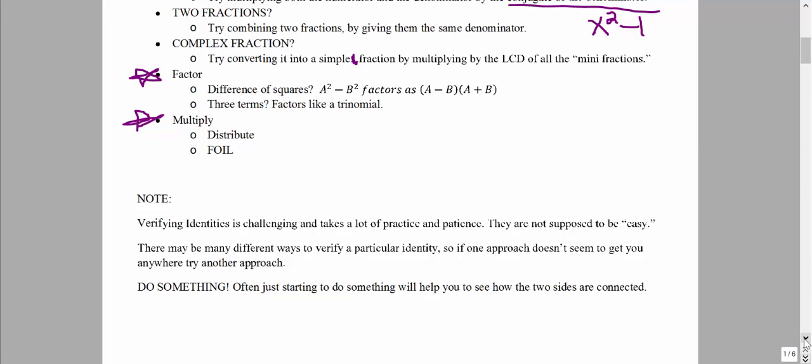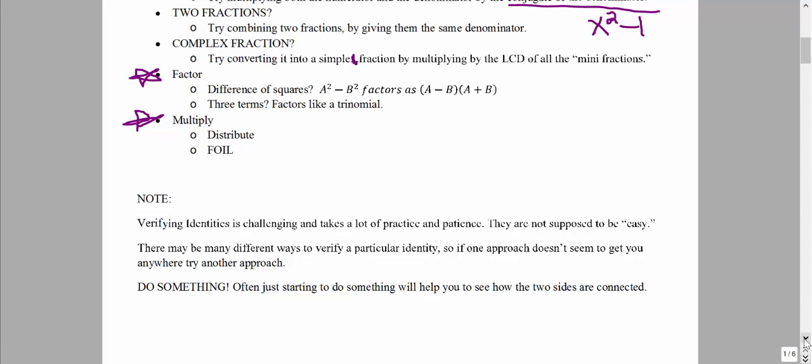There are several different ways that we can verify an identity. So if one way doesn't look like it's getting you anywhere, then maybe stop, start over, and try a different strategy. The most important thing, I think, is that you do something. Start with one of the strategies. Pick a strategy and start with it.